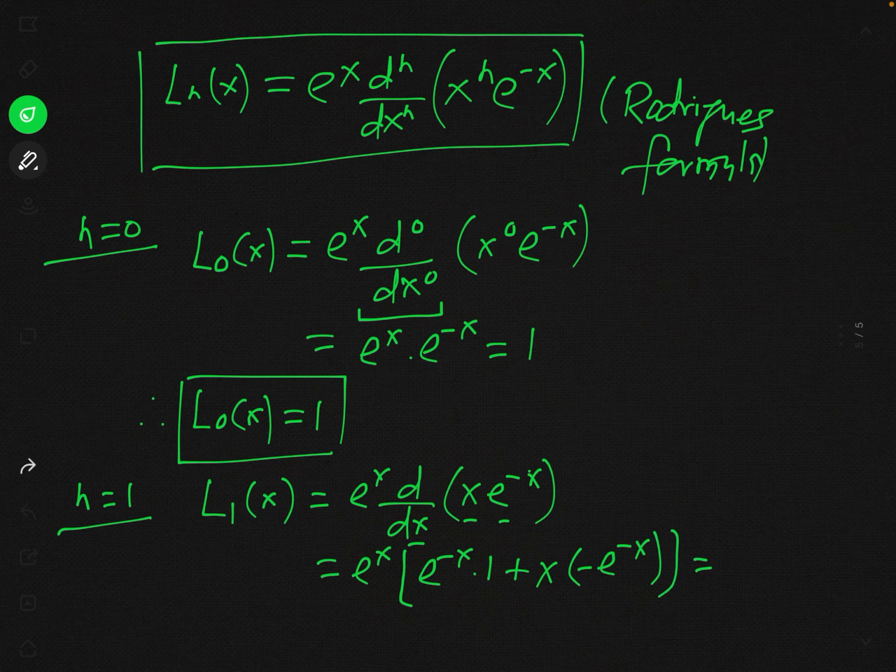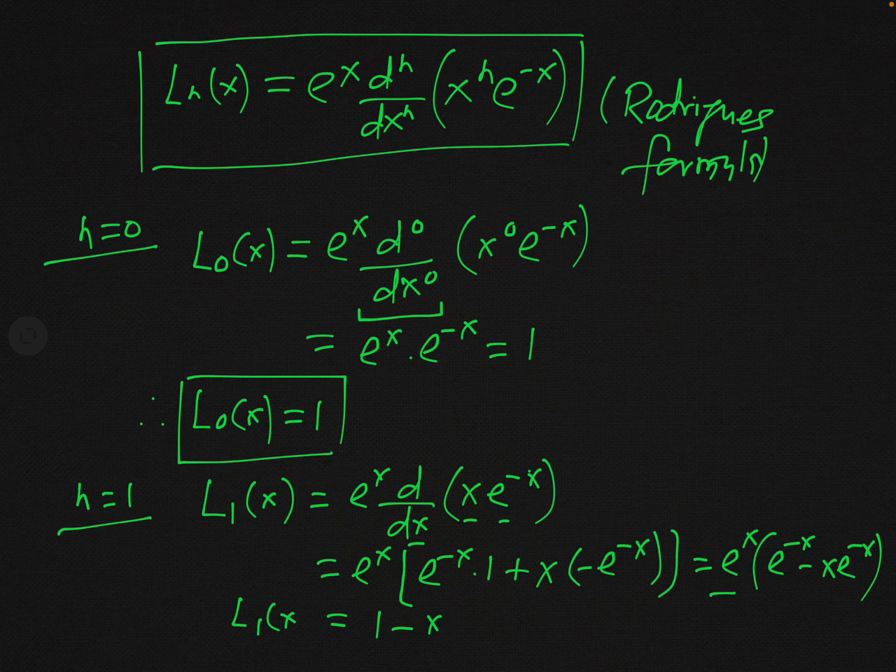And so you can see this is e raised to the power x times [e raised to the power minus x minus x times e raised to the power minus x]. And so when you multiply this factor e raised to the power x with the terms inside the bracket, this will be 1 minus x simply. So L1 of x, you can see we got 1 minus x.